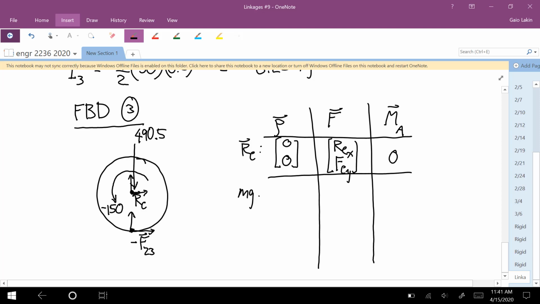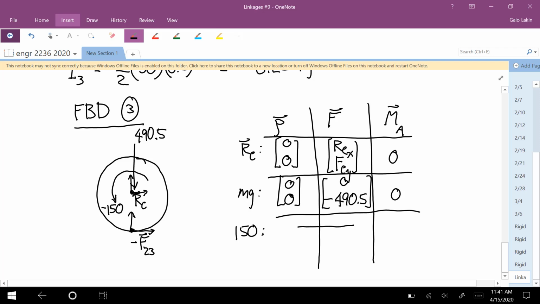So now the weight force also happens at the center of mass at the about point. That's 0, negative 490.5. The moment is 0. Then we'll do the 150. We don't care about rho for couples, and that is negative 150.